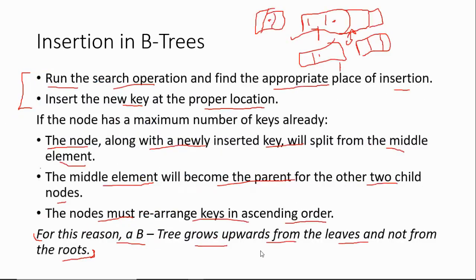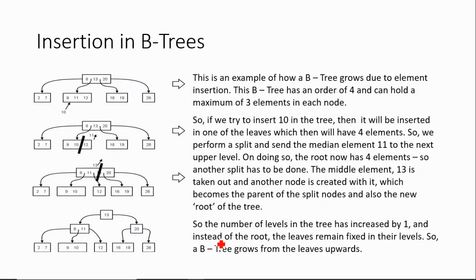Now in the previous example, we have shown that a B tree grows upwards from the leaves and not from the root. We will explain this in the next slide. So here also you can see a particular B tree.